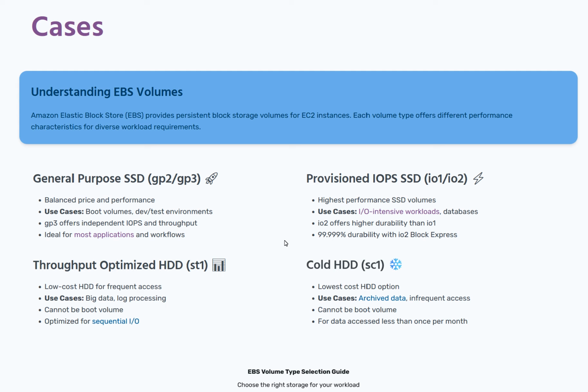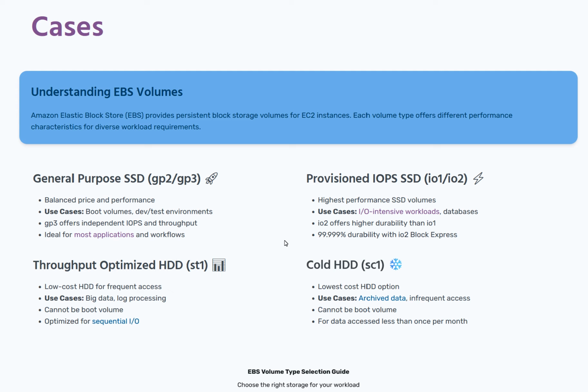The general purpose SSD, GP2 and GP3, is for general purpose workloads. Normal use cases are boot volumes and dev test environments. GP3 offers independent IOPS and throughput, so GP3 has better performance than GP2. Then you go to provisioned IOPS for loads like online transaction processing, OLTP workloads, like bank transactions and e-commerce transactions.